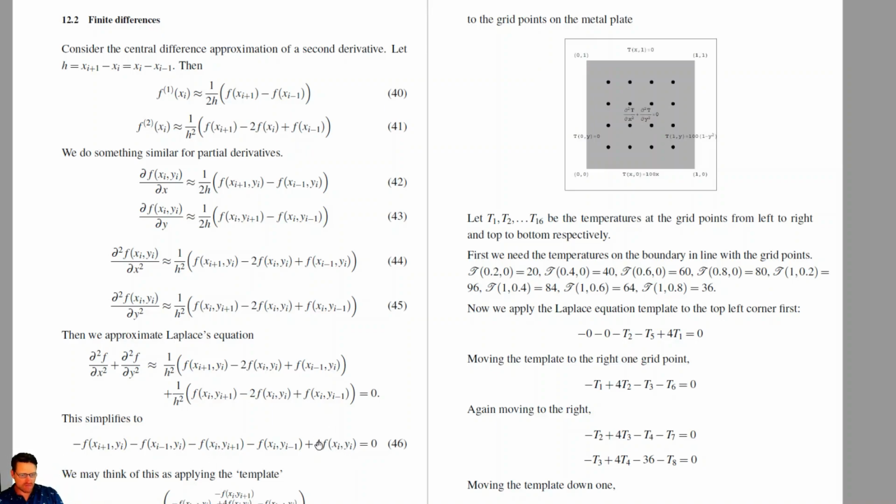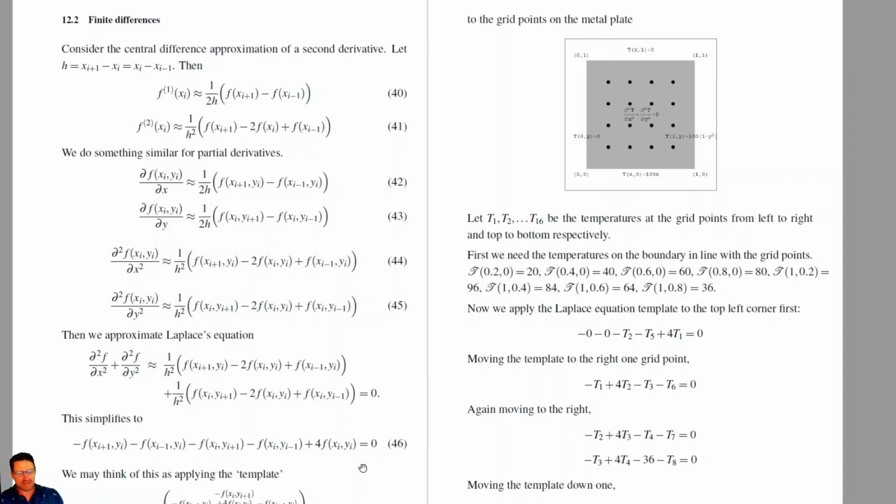But then this one, 4 f of x_i, y_i, there are 4 of those because we have minus 2 here and minus 2 there. You see, in this equation 46, I've also multiplied through by minus 1. Now, you don't have to do that. We could leave the coefficient 4 as minus 4 there, rather than multiply throughout by minus 1.